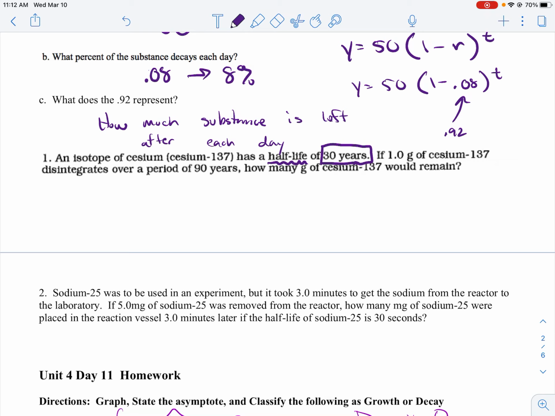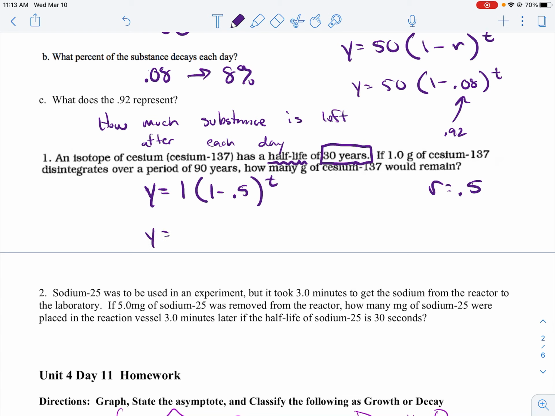So after 30 years, we're losing half of this cesium-137. Okay, so our rate, or what we're decreasing by, is 0.5, right? We're losing half of our amount each time, or what do we have left? 0.5, right? So our equation is going to be y is equal to our initial amount, 1, times 0.5 raised to the t, and we'll talk about t in just a second.